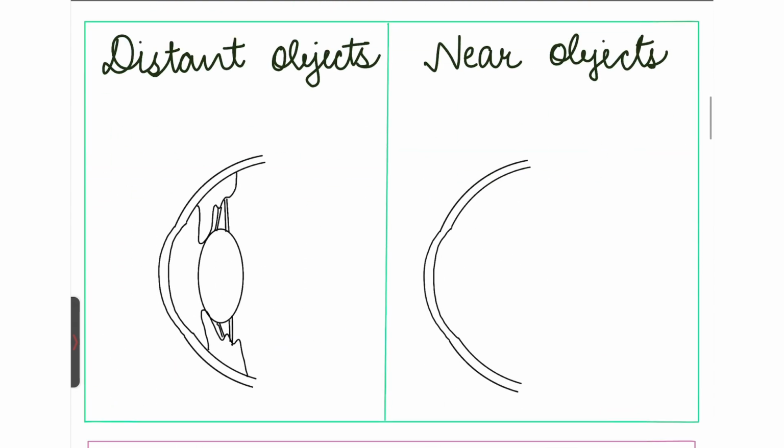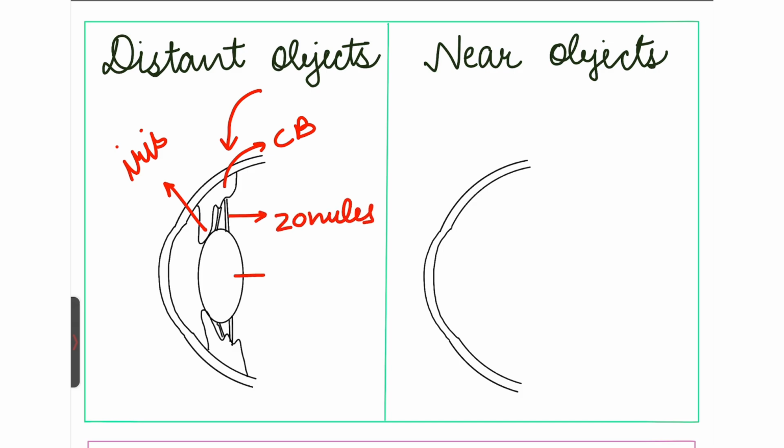Moving to accommodation. While we are looking at distant objects, this is the eye. This is the iris, the ciliary body with ciliary muscles, the zonules, and the lens.